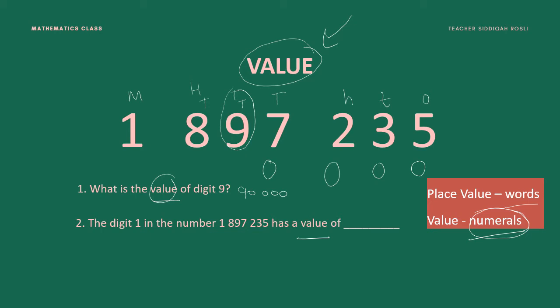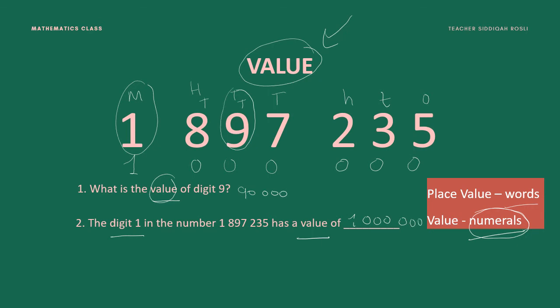So it's asking you for digit 1, and 1 is right here in the million place. So we're going to take 1, and then we're going to change all the numbers after 1 to 0. 0, 0, 0, 0, 0. There we go. So the answer is 1, 0, 0, 0, 0, 0, 0, which is 1 million.